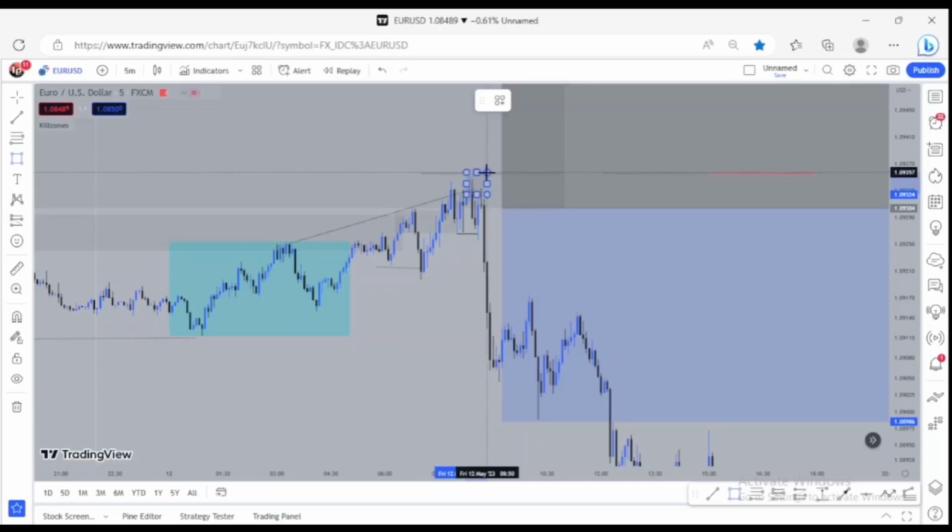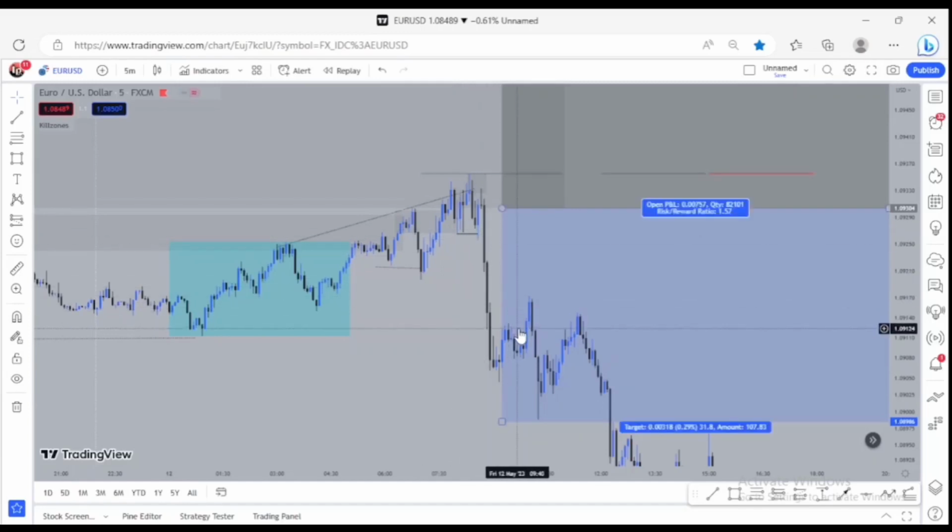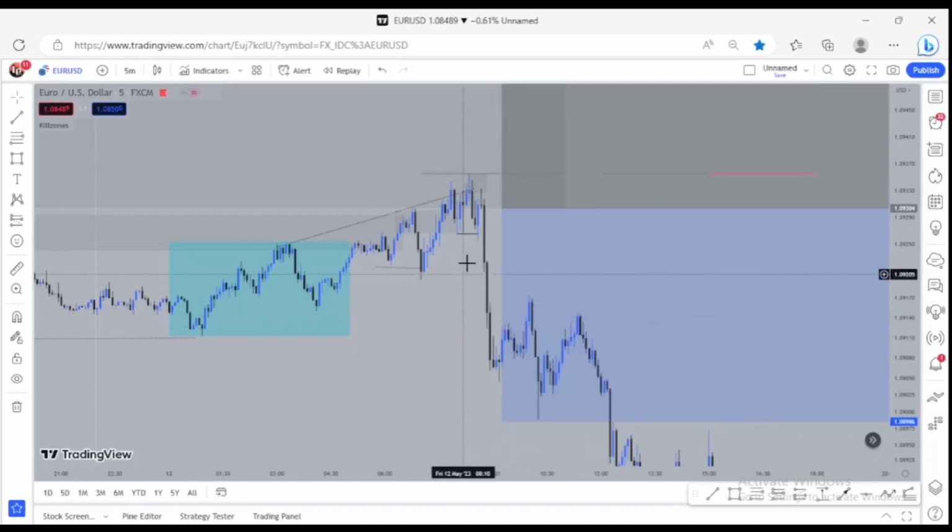This is the final phase of this zone. Inside a zone there will also be a zone. So you don't just enter once the market taps into a supply zone. You need to wait for 5 minutes or 15 minutes confirmation. That's why on my Telegram, whenever I give a signal or trading setup, I always say no choke, no entry.